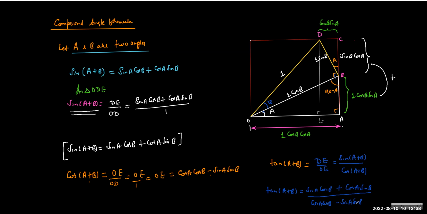Okay. But this is not a nice way of writing because I want the answer in terms of tan. So how do we convert this formula into a tan formula? We simply divide by cos A cos B in the numerator and the denominator.